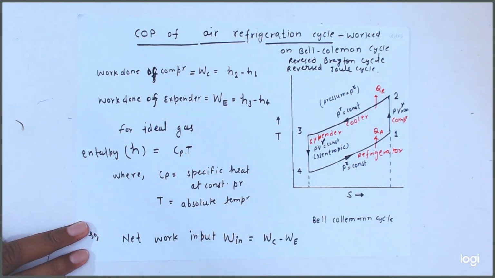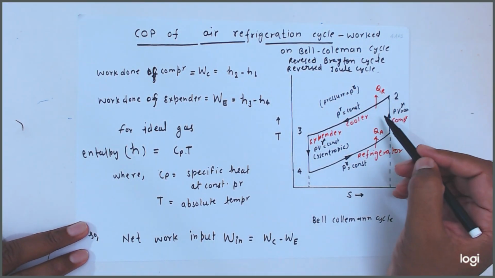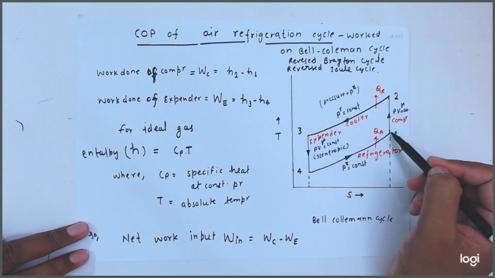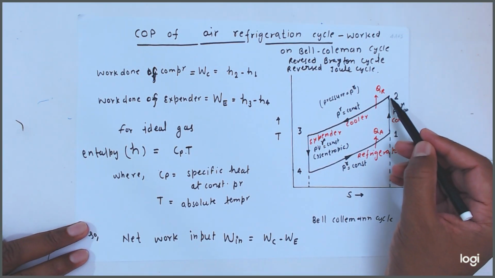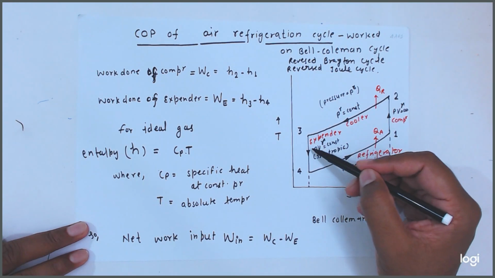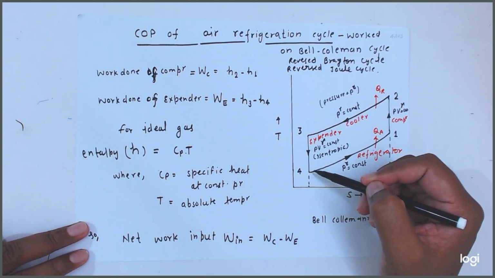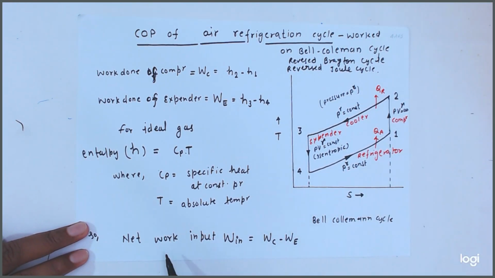So, net work done, how much is there? Net work input is equal to the work done on the compressor and the work done by the expander, and we will subtract the latter.